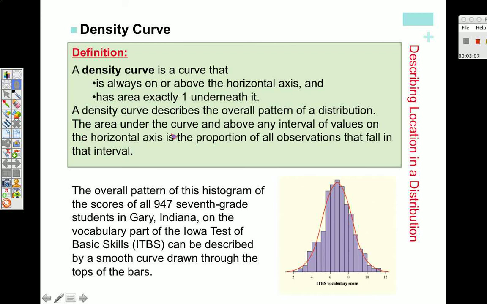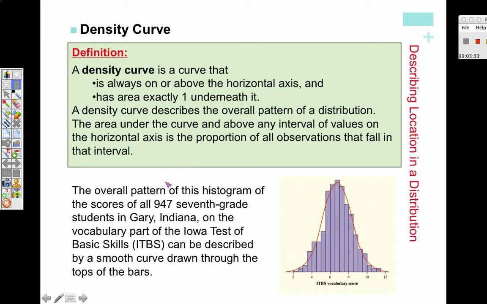So the density curve is describing the overall pattern, not just little patterns, but overall. And when we talk about the height above the y-axis, we're talking about the percent, really, that is represented there, the frequency, the relative frequency. The x-axis would be our score here.